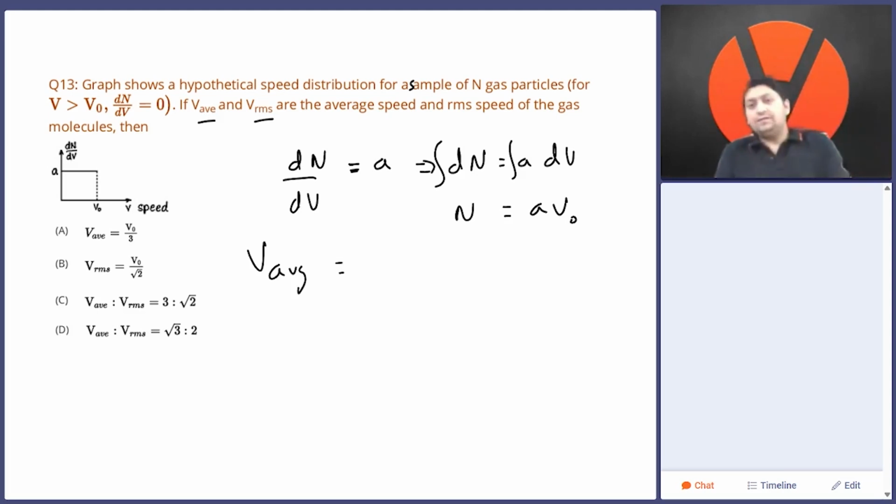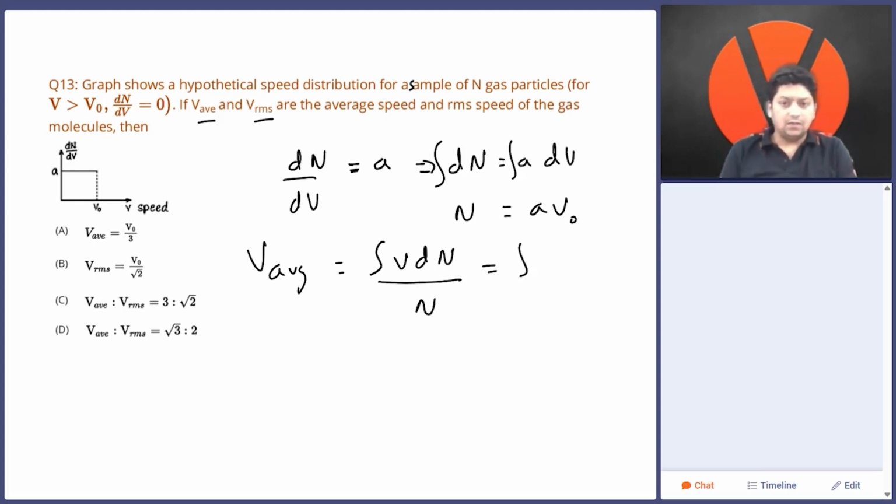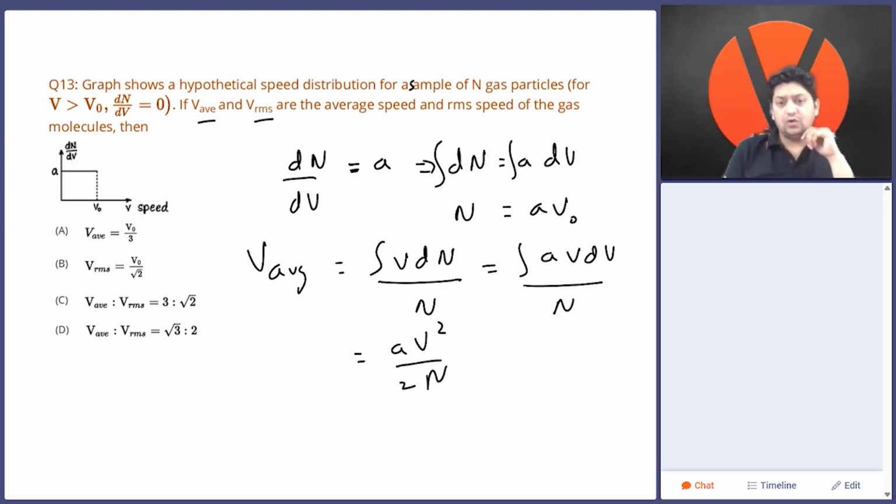Now the average velocity, v average, what is v average? V average is nothing but the integration of v dn divided by the total number of particles, right? And the value of dn over here is a dv, so integration of v dv gives a v square by 2N.